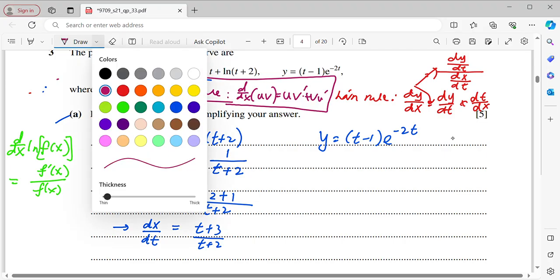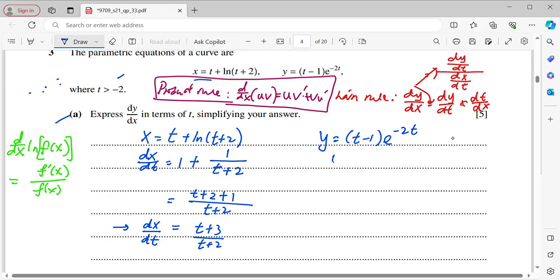Okay, so it means that now I have to let my u be t minus 1, then my u prime is 1 because u prime is du/dt. Then my v is e to the negative 2t. When you differentiate an exponential function, v prime is to rewrite the whole exponential function and differentiate the power of e.